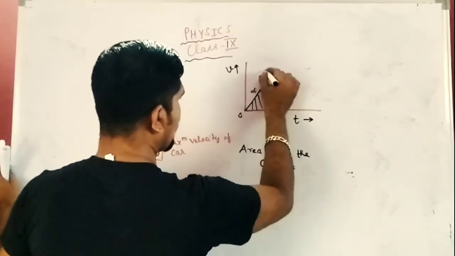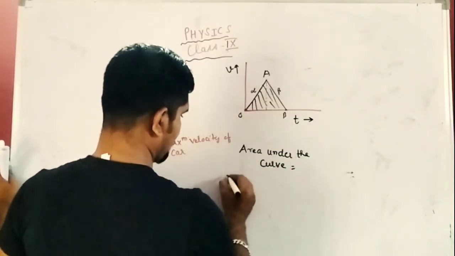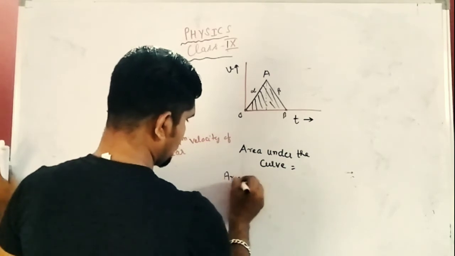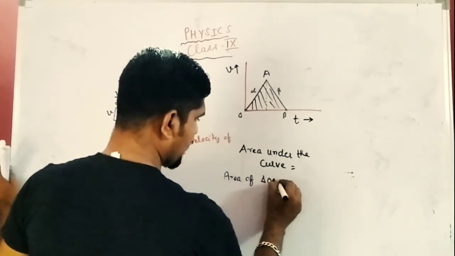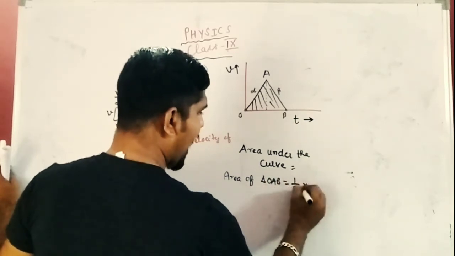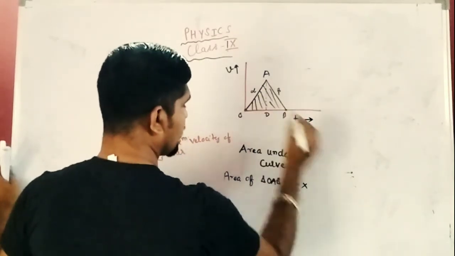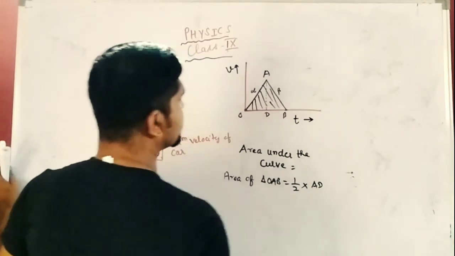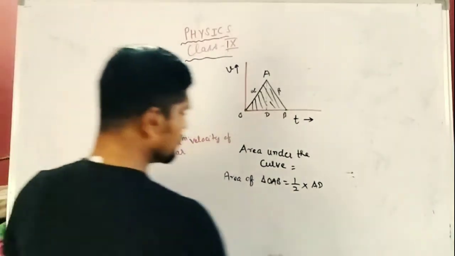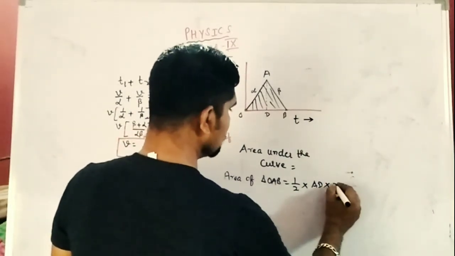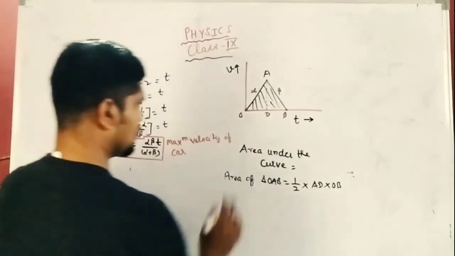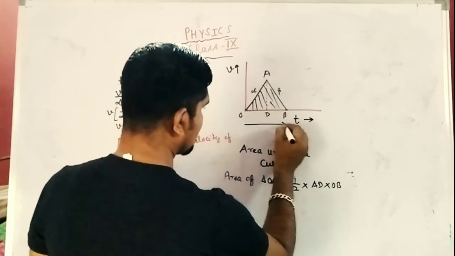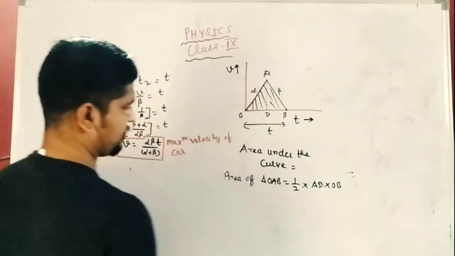Let us say it is O, it is A, it is B. So area of triangle OAB is equal to half of AD multiplied by OB. So OB is nothing, it is T.